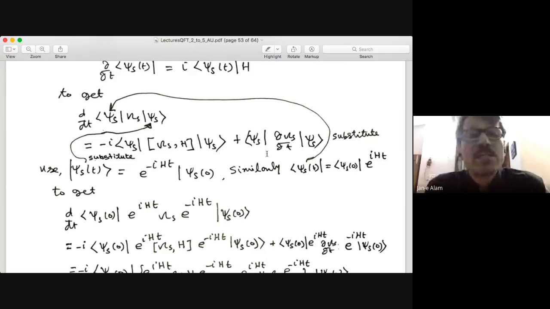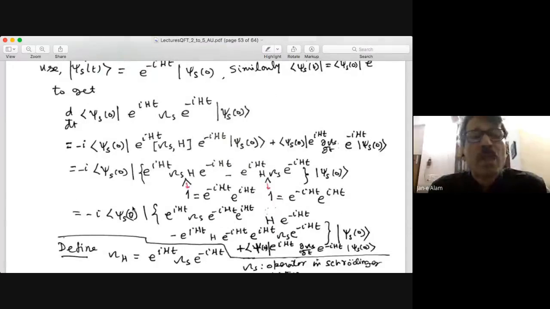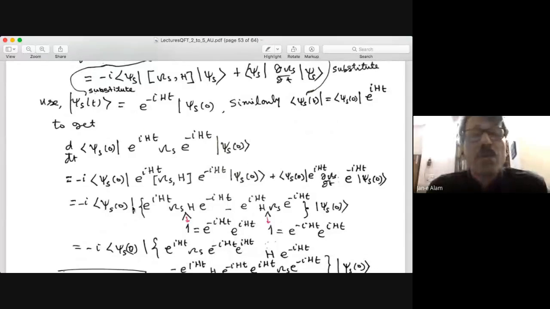Similarly here I can replace that as psi 0, e to the i h t. So this psi which will appear here now will have argument 0. That means I have taken away the time dependence from the psi and put it in this way. And I do the same for this, so on this side I had the commutator.